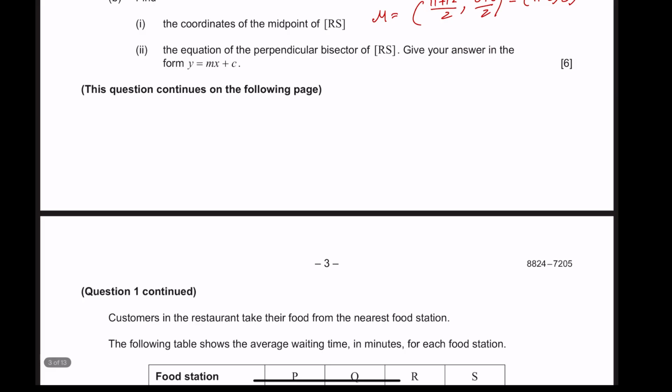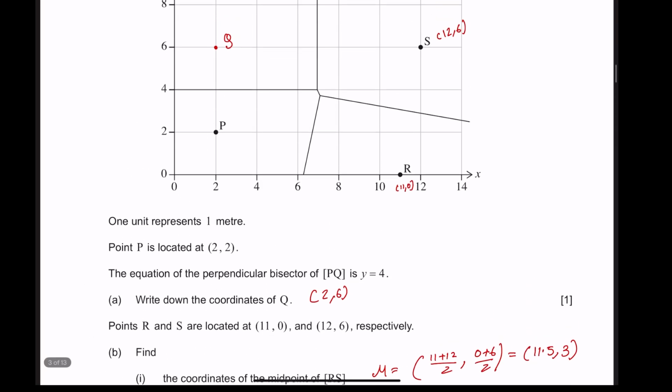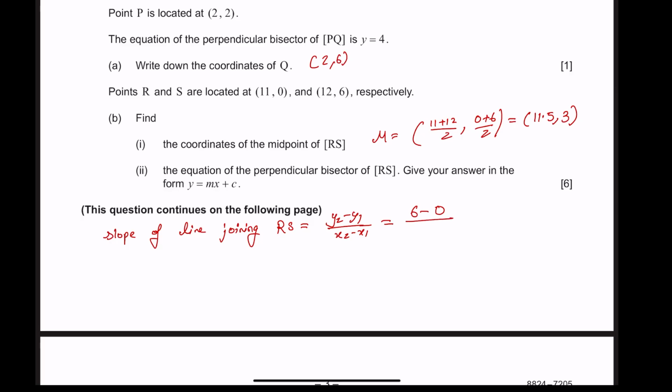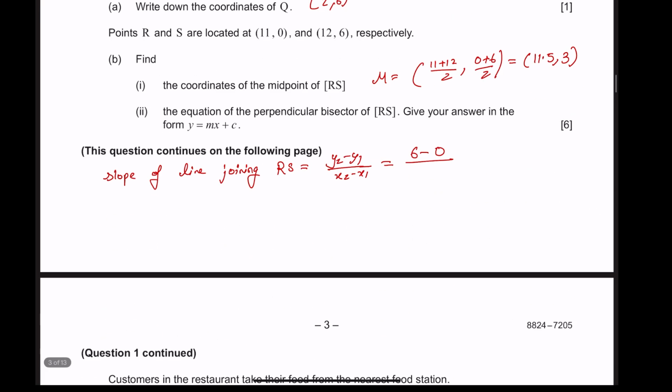Slope of line joining RS is y2 minus y1 divided by x2 minus x1. This is the slope formula. We can take S as 2 and R as 1, so 6 minus 0 divided by 12 minus 11, which is 6.